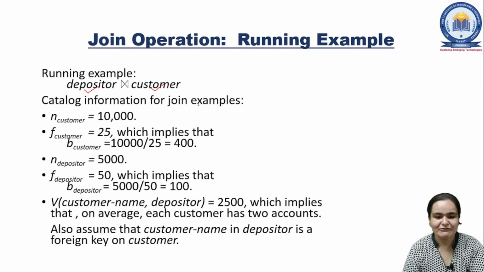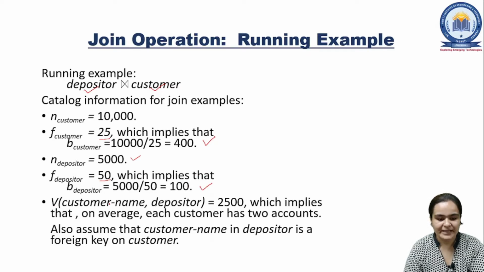So the catalog information for the join is: the number of records is 10,000 for customer, and for depositor it is 5,000. We have block sizes of 50 and 25 for depositor and customer, and the number of blocks is 400 for customer and 100 for depositor.